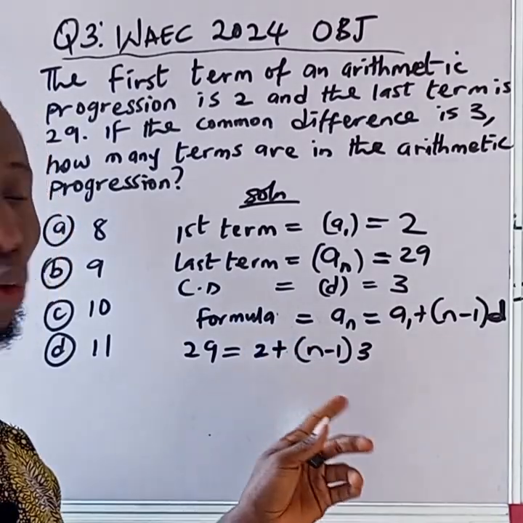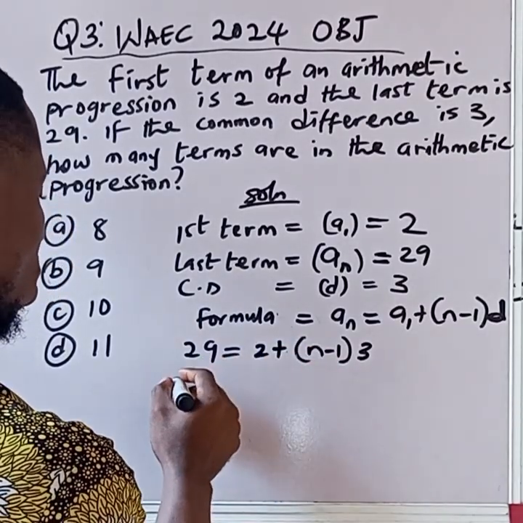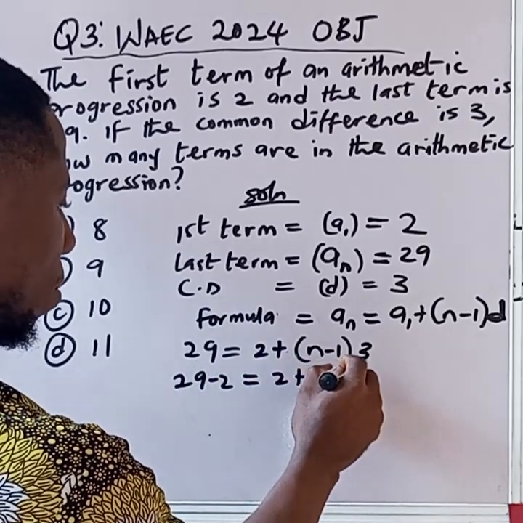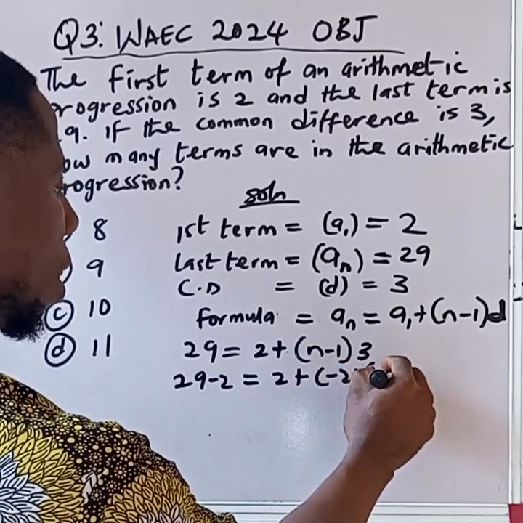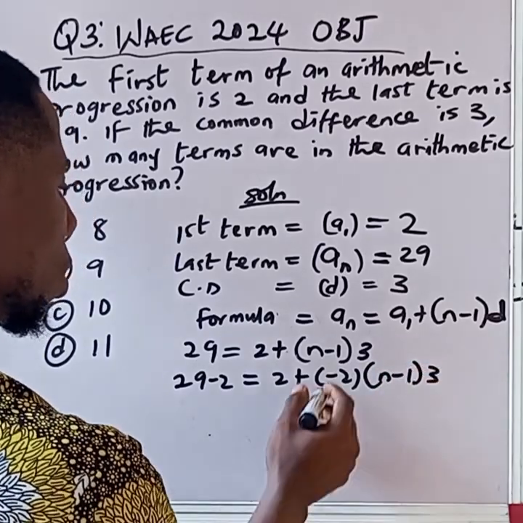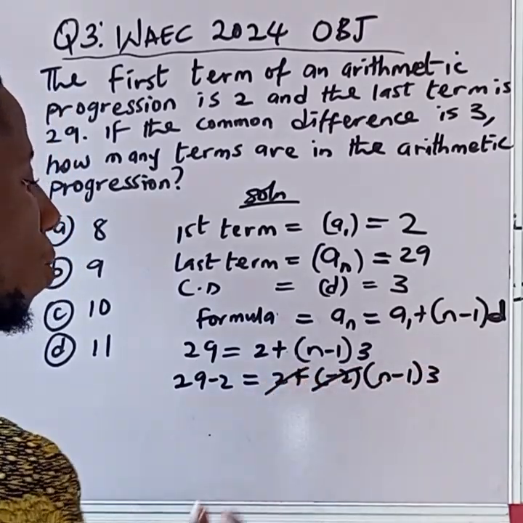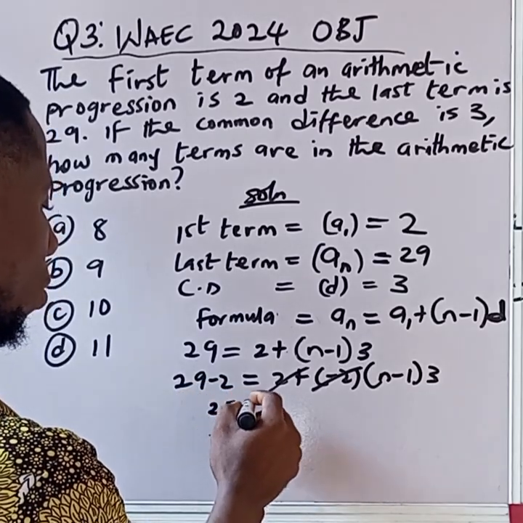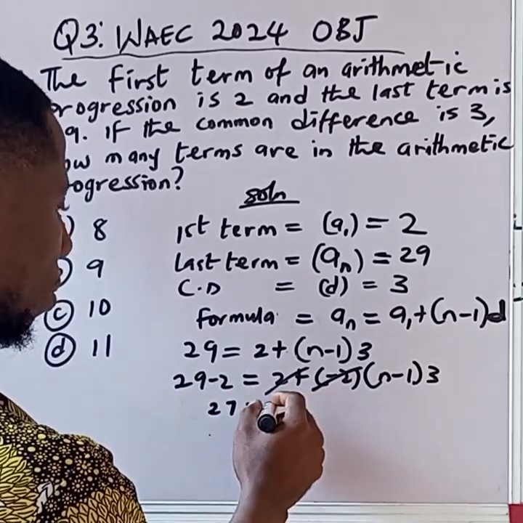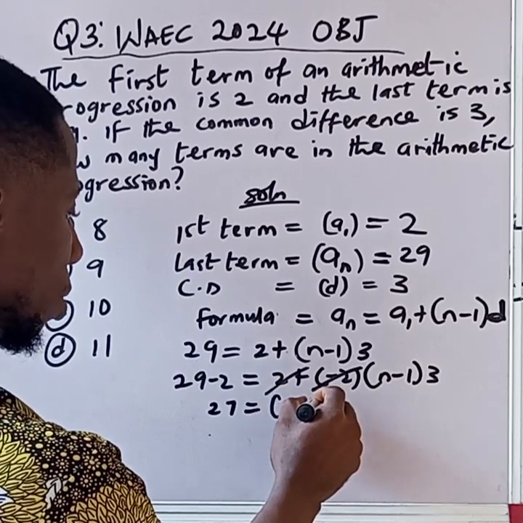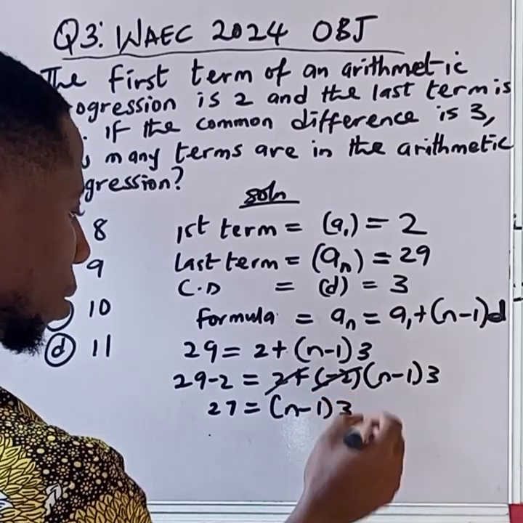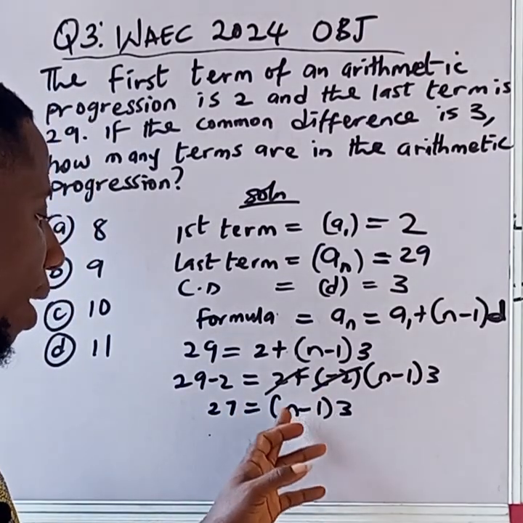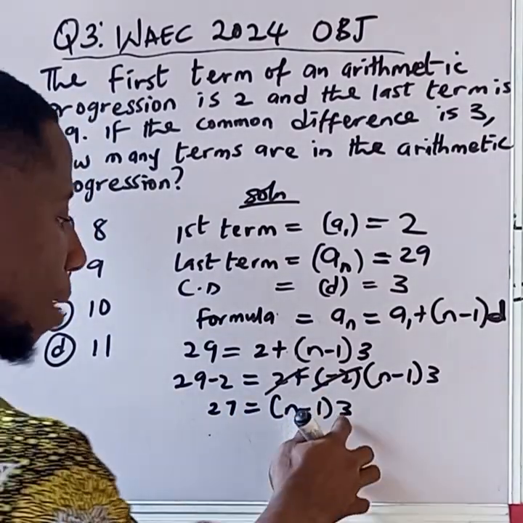We subtract 2 from both sides, so here we have 29 minus 2 equals 2 minus 2 plus (n minus 1) times 3. The minus 2 cancels the plus 2. 29 minus 2 gives us 27, which equals (n minus 1) times 3.